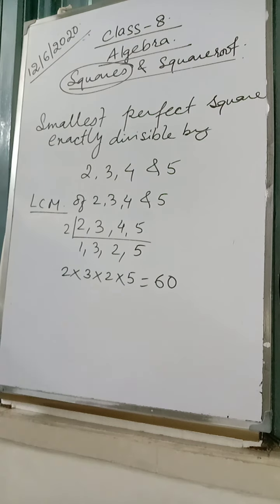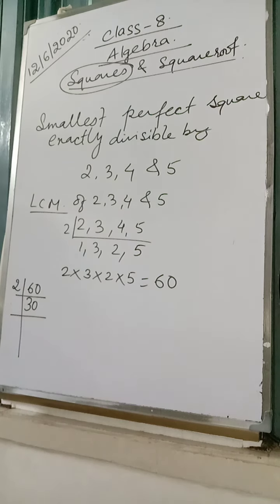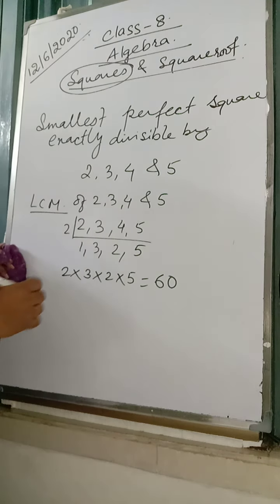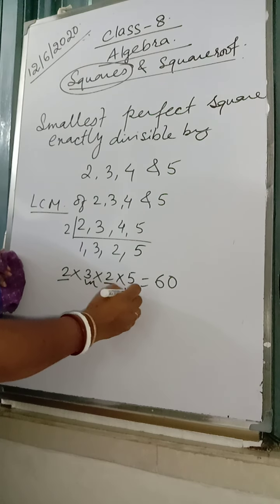Is 60 a perfect square number? We'll get the prime factors of 60. These are the prime factors only. 60 is not a perfect square number because 2 is paired, 3 is unpaired and 5 is unpaired.